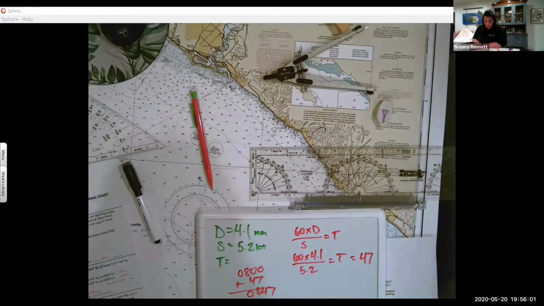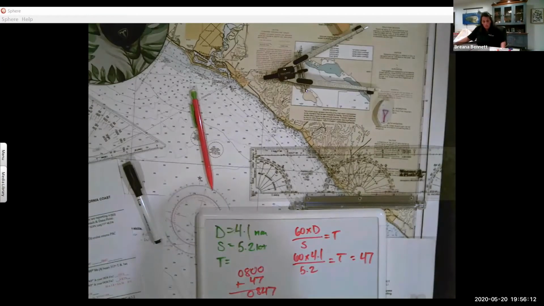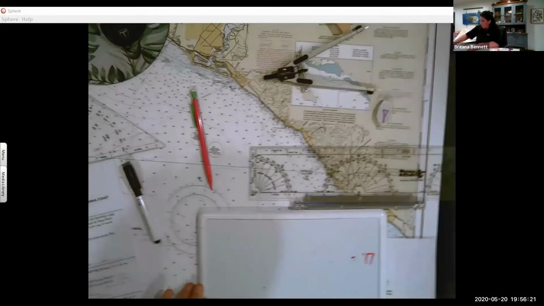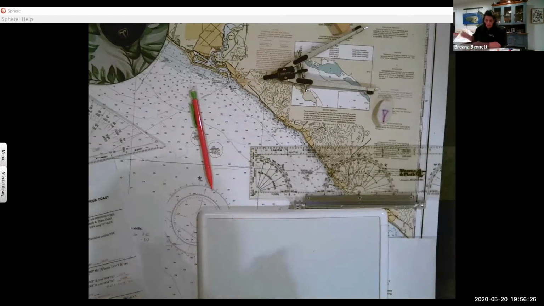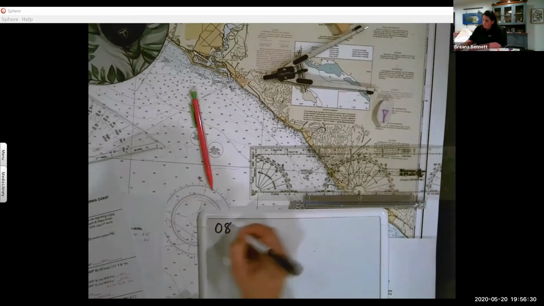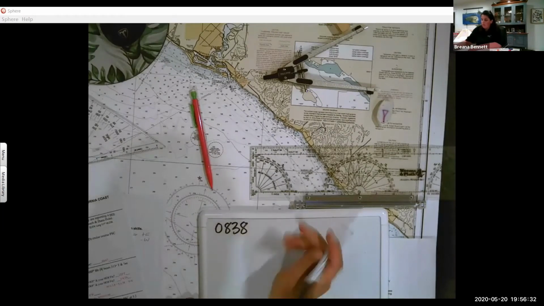Okay, so this one is going to be our regular fix and getting our actual speed over ground. Okay, so at 8:38, which would be before this, right?